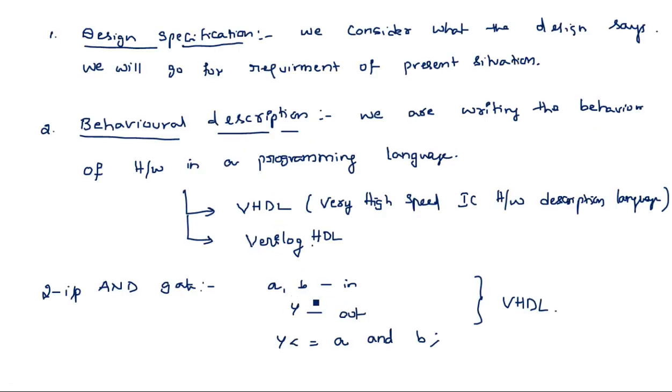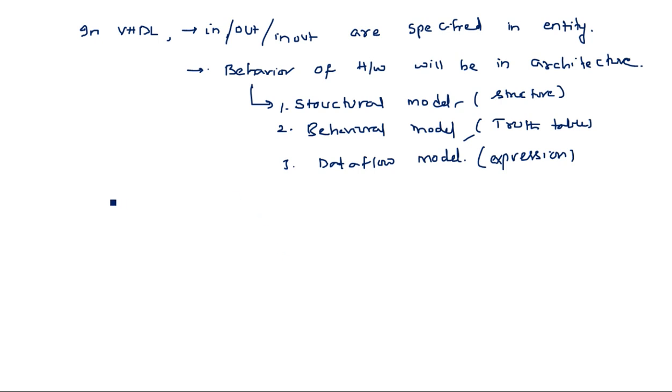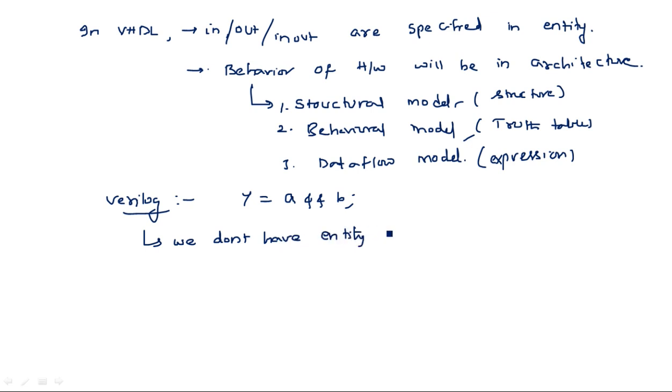In Verilog HDL, suppose you want to write the same AND operation, in Verilog, y is simply equal to a and b. This is the ampersand operation, two ampersands, which specifies AND operation in the case of Verilog. Okay, in Verilog we don't have any entity and architecture.